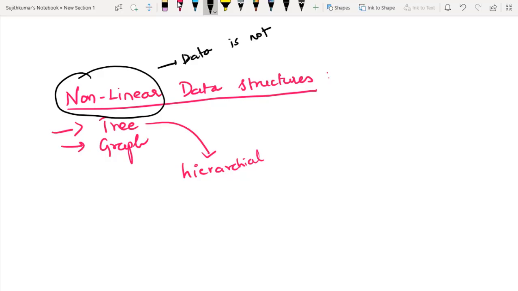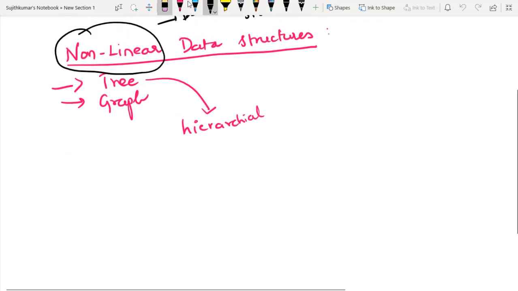Because of that reason, I am calling these non-linear data structures. I have two types, one is tree and another one is graph. Tree is hierarchical and a graph is not necessarily hierarchical. It may be or may not.